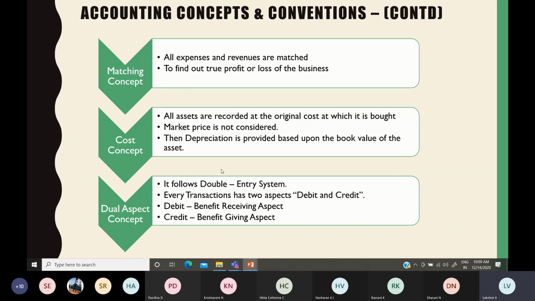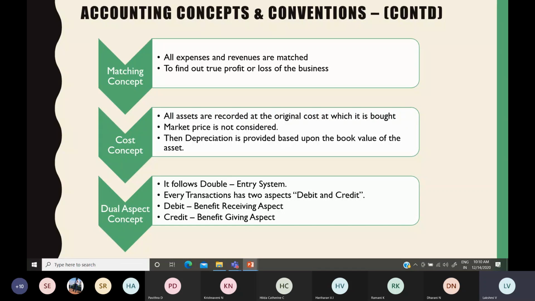So the dual aspect concept is the one which follows the double entry system. And what is meant by double entry system is that for all the transactions, there should be an equal and corresponding entry. If you are giving a debit, with the same amount you have to give a credit. And if you are crediting something, with the same corresponding amount you have to debit.